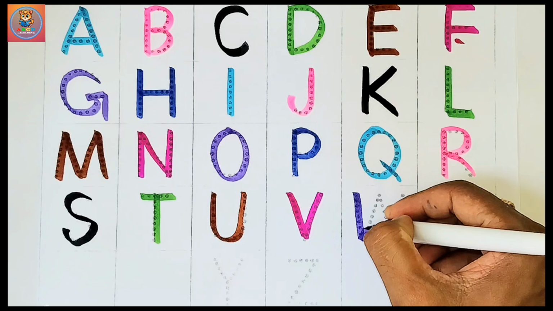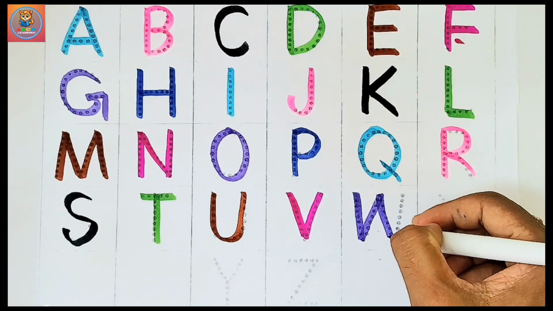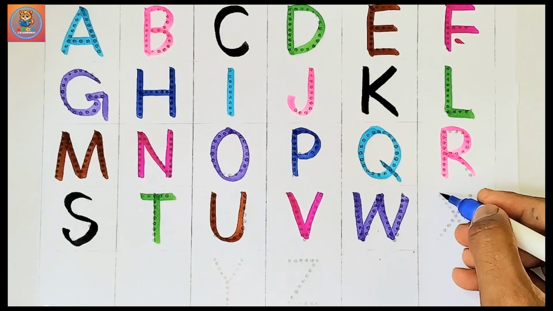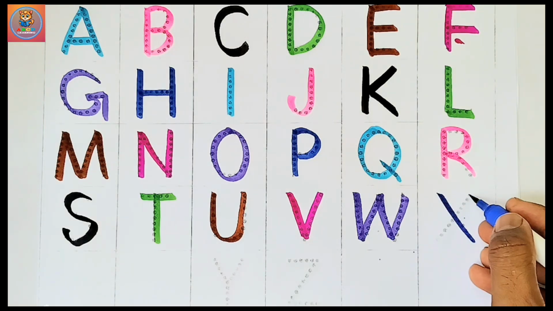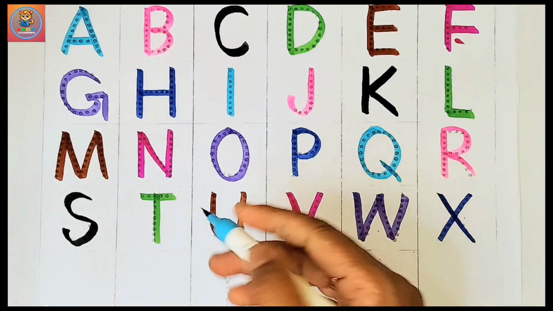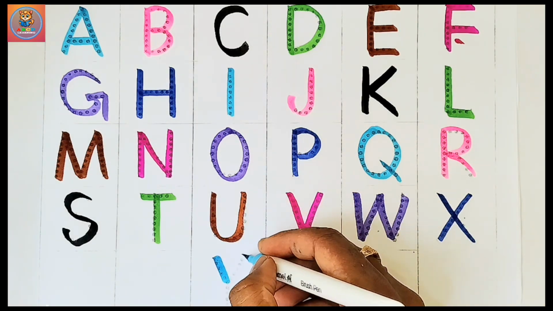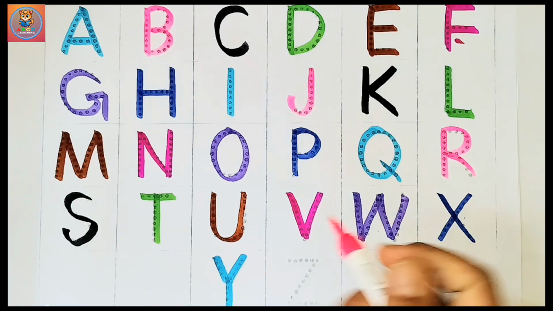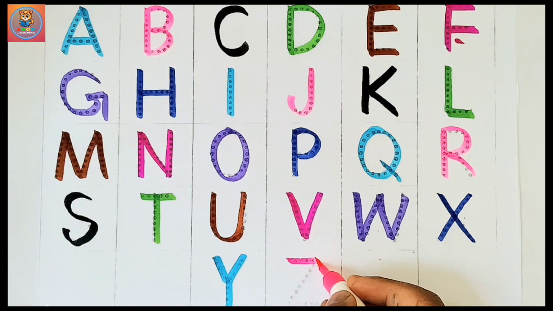W for water and W for wall. X for xylophone, X for x-ray. Y for yak, Y for YOLO. Z for zebra and Z for zoo.